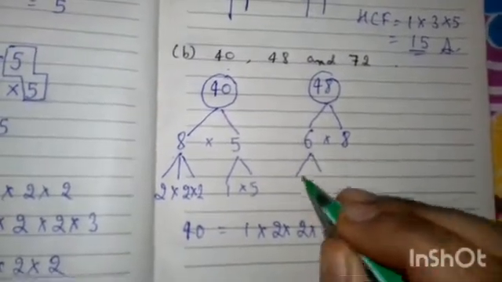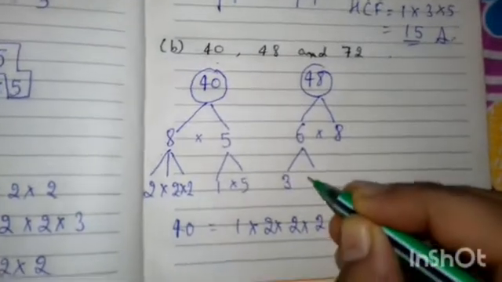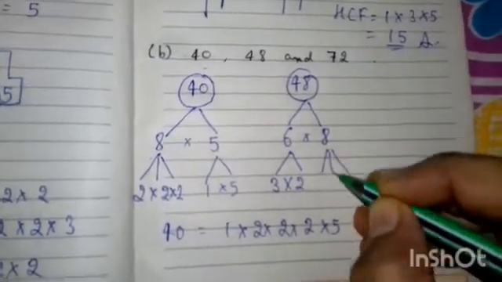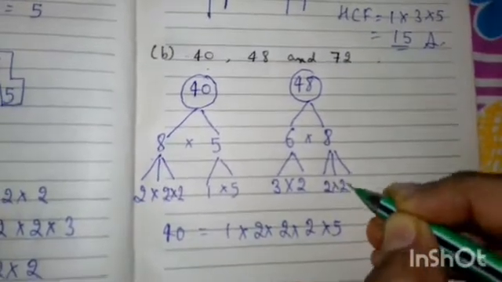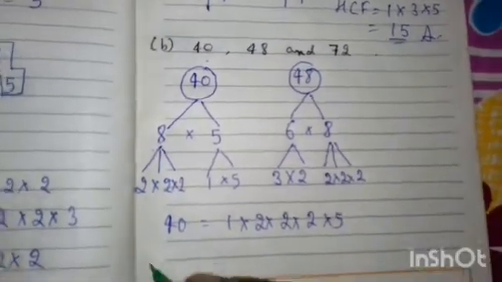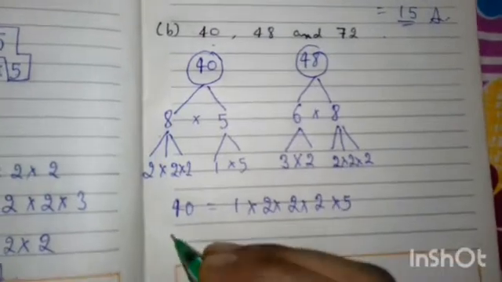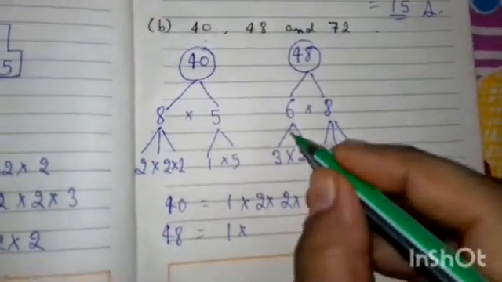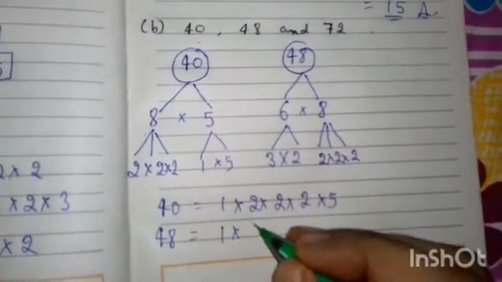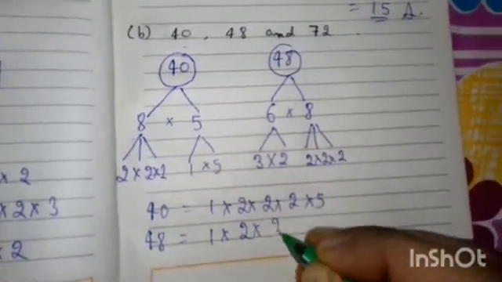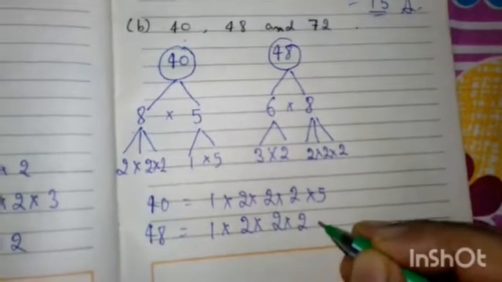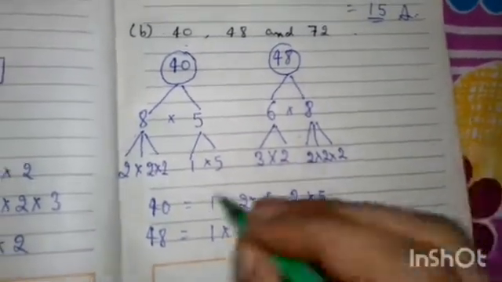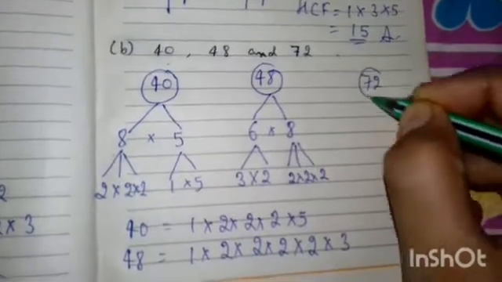Here I take 6 into 8 because it's simple to evaluate. 3 into 2, and 8 is 2 into 2 into 2. Now these are all prime numbers. So write as 1 into 2 into 2 into 2 into 2, first write in ascending order always, then 3.